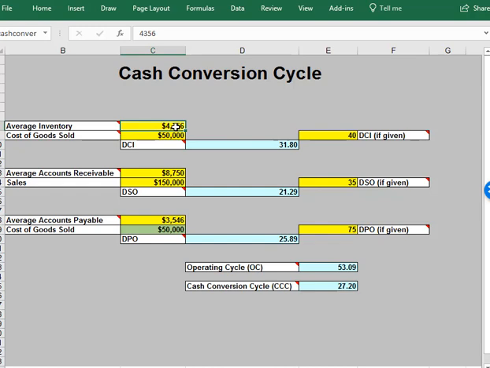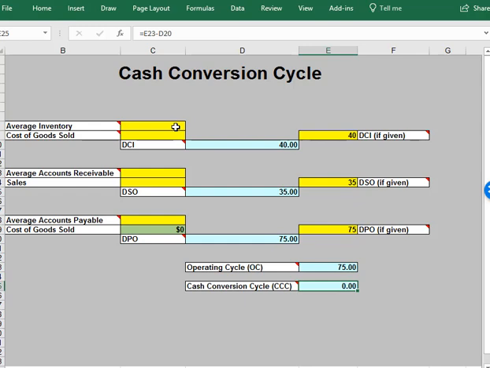I'm sorry, I have to convert to get rid of these numbers. Sorry, I was wondering why that wasn't working. So if you get rid of those numbers, now here we have our average operating cycle is 75 days, and our cash conversion cycle is exactly 0.